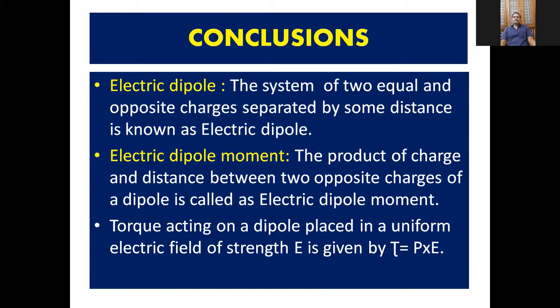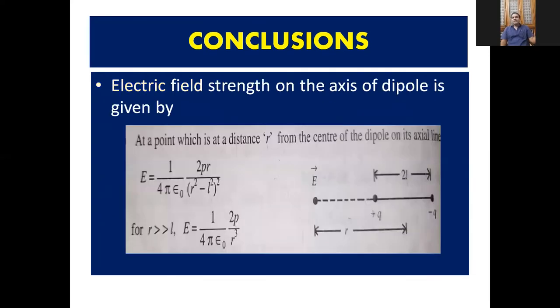Next, we covered the torque acting on the dipole when it is situated in a uniform electric field. For that, we got the formula tau bar equals P bar cross E bar, that is P E sin theta.